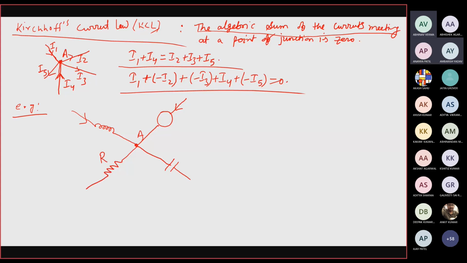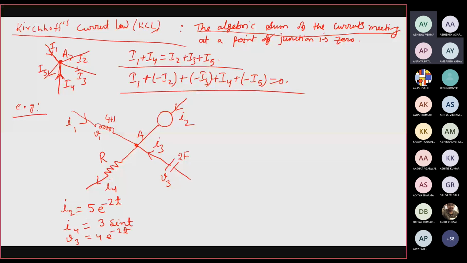If the inductance of this inductor is 4 Henry, current flowing through this is I1, and V1 is the voltage across this inductor of 4 Henry, I2 is the current flowing through this arm, I3 is the current flowing through the capacitor, and the voltage across the capacitor is suppose V3, having capacitance of 2 Farad, and I4 is the current flowing through resistor R. Some values are also mentioned: suppose I2 is given equal to 5 e to the power minus 2t, I4 is given as 3 sin t, and V3 is given as 4 e to the power minus 2t, right?